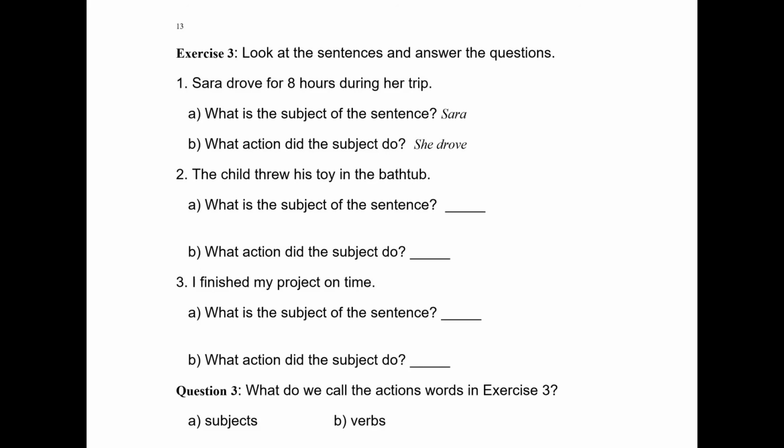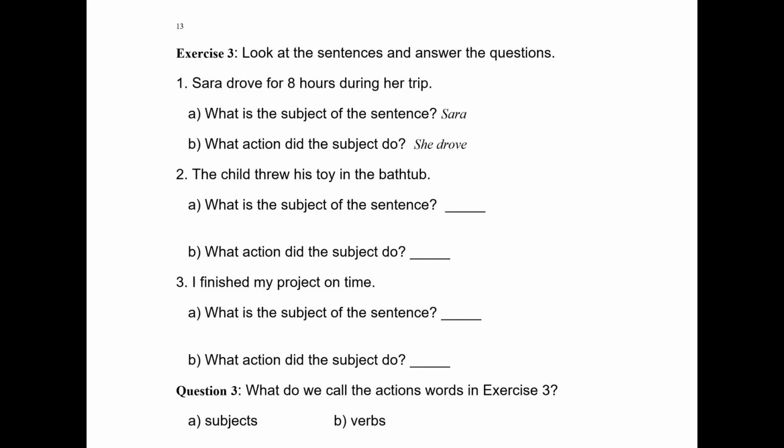She drove. Now next, item 2, the child threw his toy in the bathtub. Question A, what is the subject of the sentence? And of course the answer is child. And B, what action did the subject do? And the answer is threw. And then continue with more items like this.